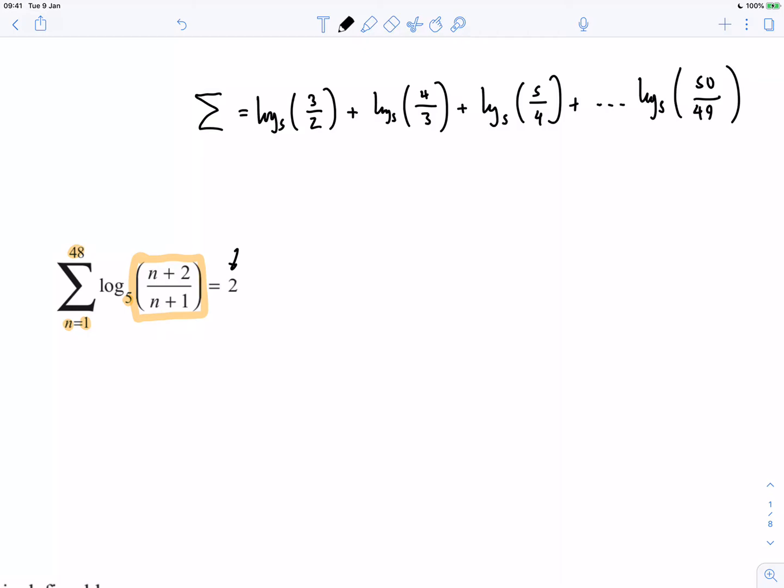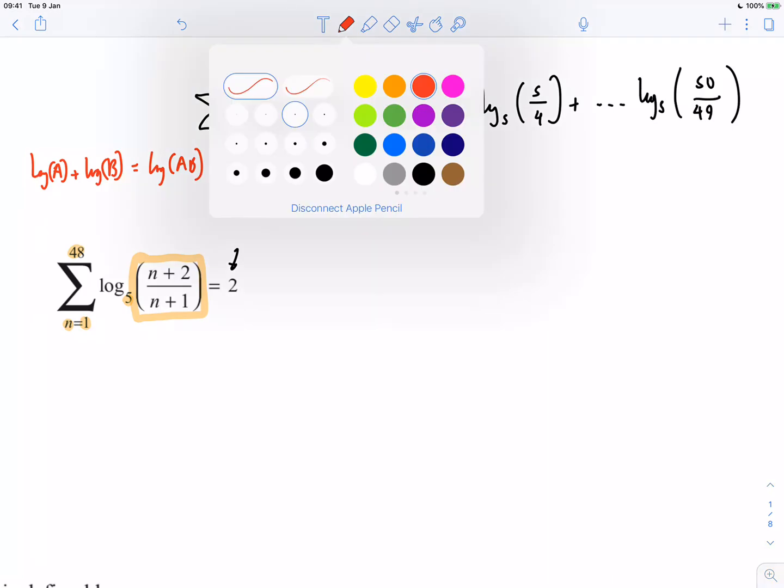Okay, so let's remember our log rules. Our log rules are that log of A plus log of B equals log of A times by B. So when you add logarithms together, you multiply the arguments. So what's going to happen when we add all these logs together?